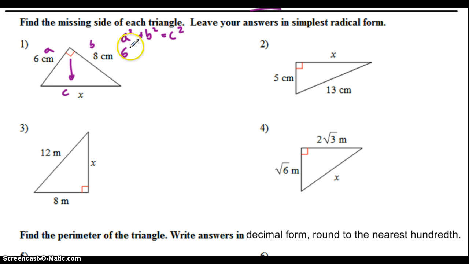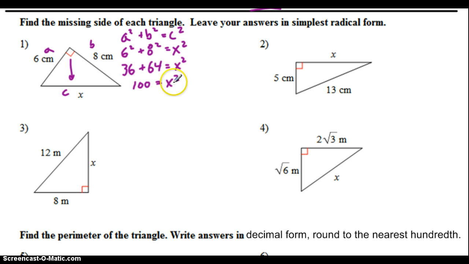So let me go ahead and substitute my values. 6 centimeters squared plus 8 centimeters squared equals x squared, that longest side, the hypotenuse. And we can go ahead and simplify this. 6 squared is 36 plus 8 squared is 64 equals x squared. I can combine these to make 100 equals x squared, and then at the end I need to get x by itself.